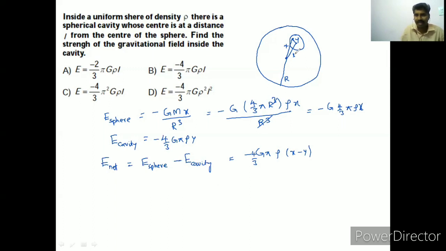So x and y values we know, automatically we can get this value is equal to L. So we can get minus 4 by 3 g pi rho into L. We can get a net intensity. So we need to find out the value, the net intensity only.